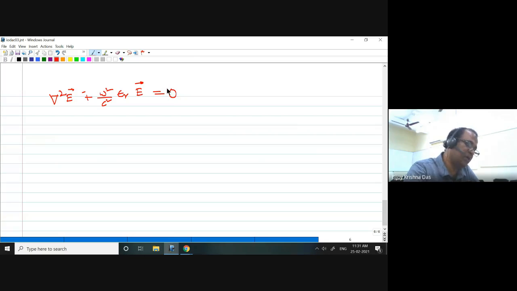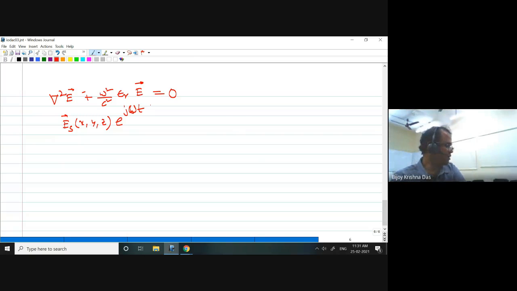And we can write an identical equation for the magnetic field. So whatever solution I write for E, I have to write the same for H. Es of x, y, z is the space dependent part, and this Es will have the components Exs, Eys, Ezs, where s stands for space, and then this is oscillating with e to the power j omega t. Like this we can write.